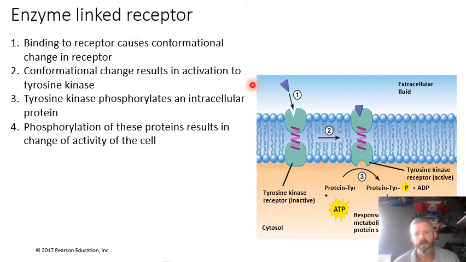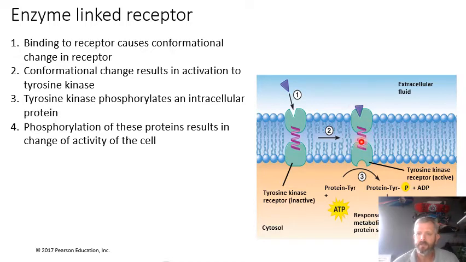Binding of the chemical messenger, though, causes a conformational change in the receptor, and that activates it. A common type of this enzyme-linked receptor, which we're going to find, is a tyrosine kinase. Just knowing what enzymes are from that name, a kinase is going to add a phosphate group, and in this case it's going to add it to a tyrosine amino acid in a protein.